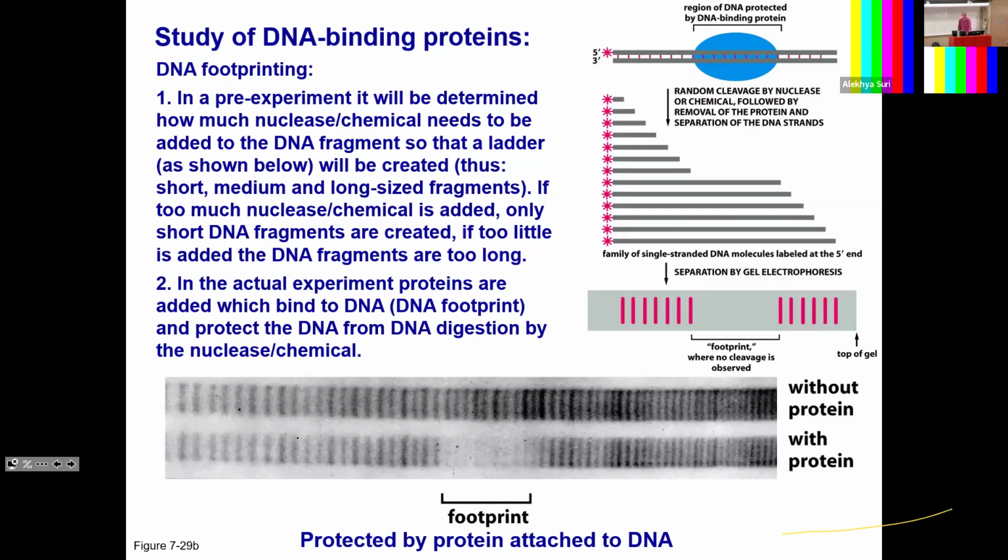In this case, we have a resolution on the nucleotide level. So you can determine with this method the exact binding site, with the DNA sequence, where the protein is binding on the DNA. Maybe you should memorize this.